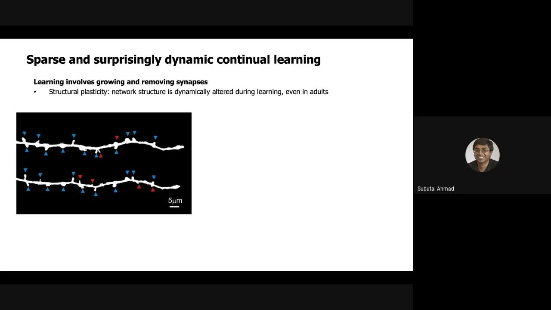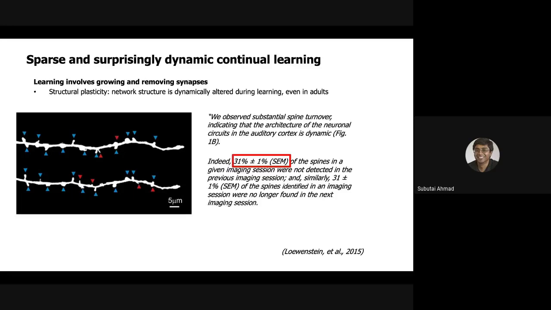Wherever there's a red triangle, either there were new synapses or synapses were dropped. This comes from a paper in 2015. One of the most striking things is that every few days, 30% of the synapses were turned over. That is, 30% of the synapses were new, and 30% of the synapses that were there previously were no longer there. This is an amazing amount of plasticity and network structure change, if you think about it.